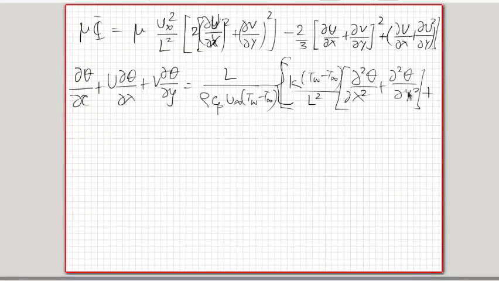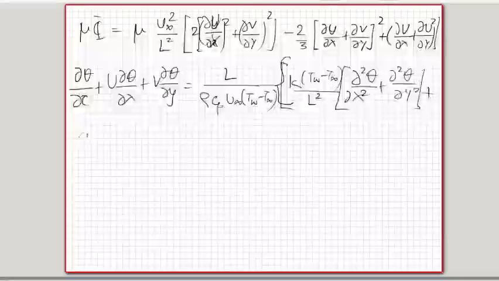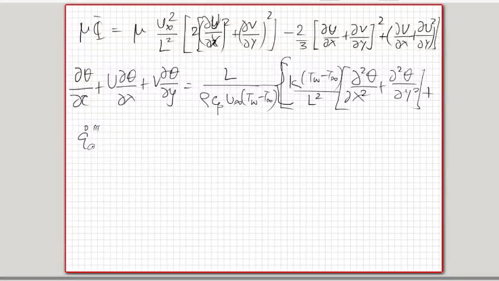So this is the first term. The second term is Q dot triple prime generation, which we did not do anything to.